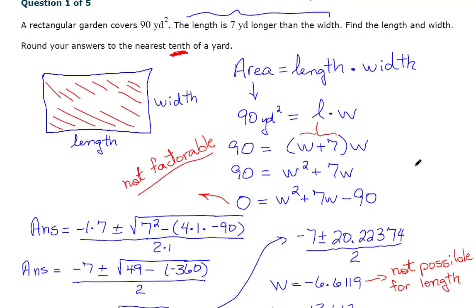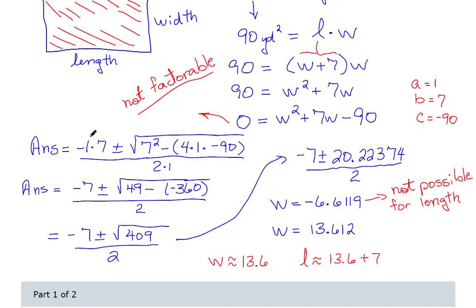So let's see, what do I see? I see A is 1, I see B is 7, and I see C is minus 90. Alright, so I'm going to fill that information in.